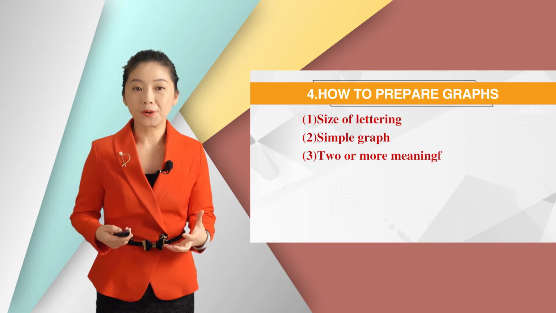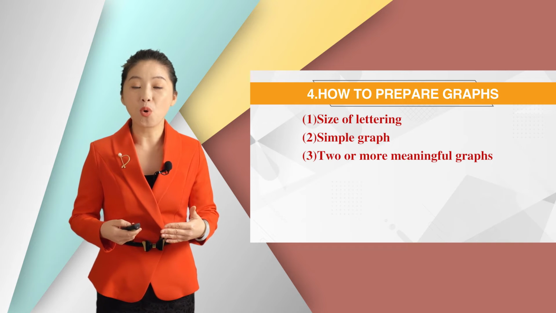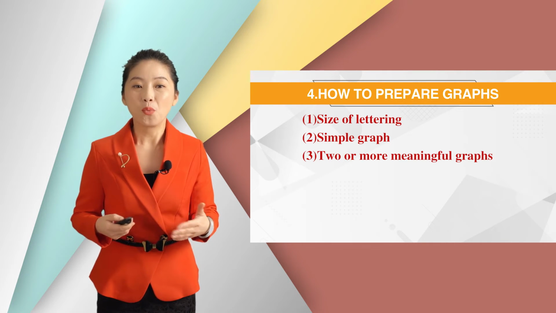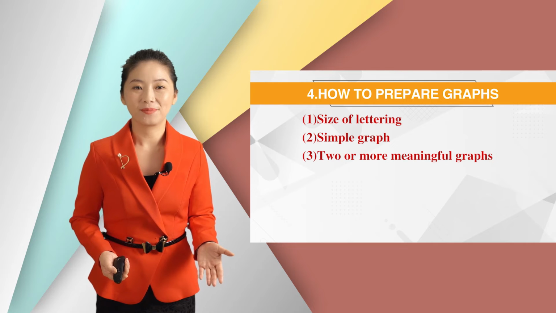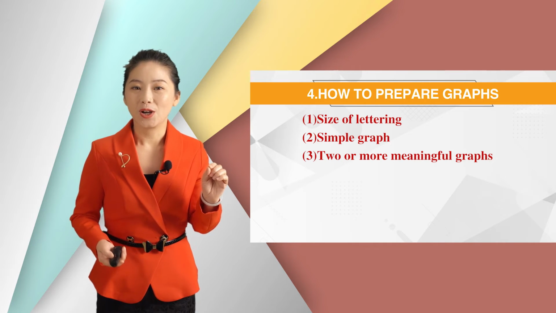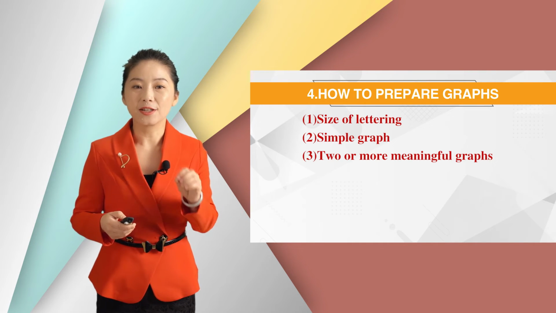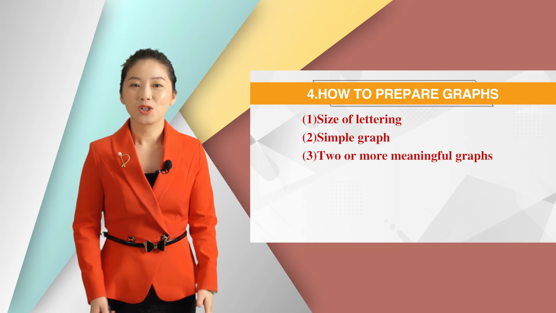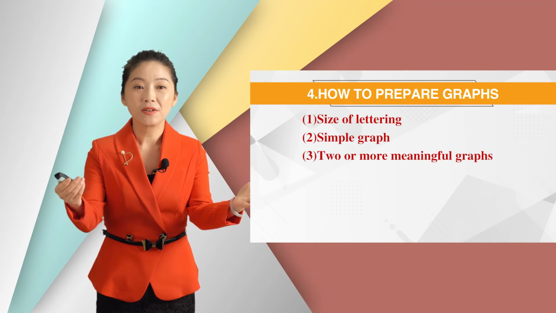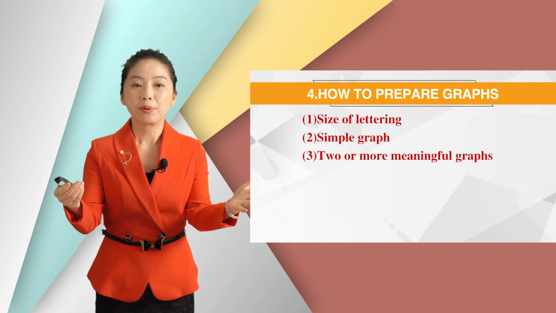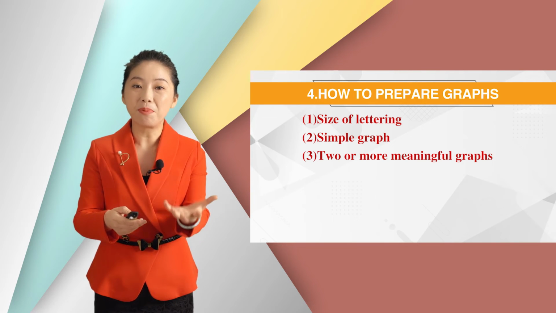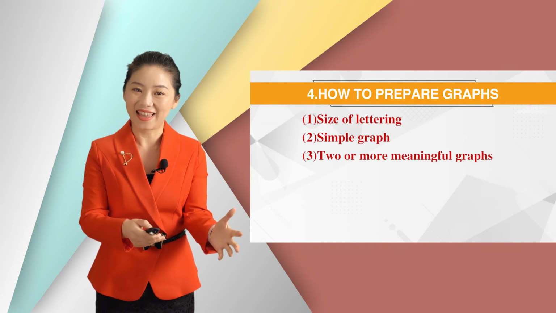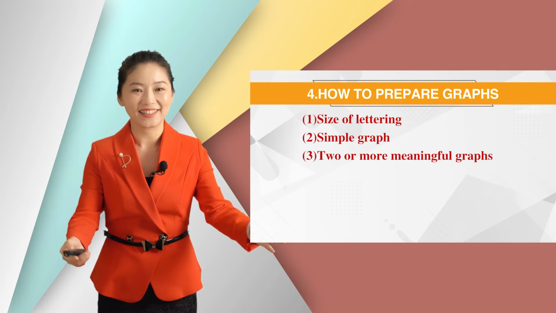If your paper contains two or more graphs that are most meaningful when viewed together, consider grouping them in a single illustration. To maximize readability, place the graphs above and below each other rather than side by side.